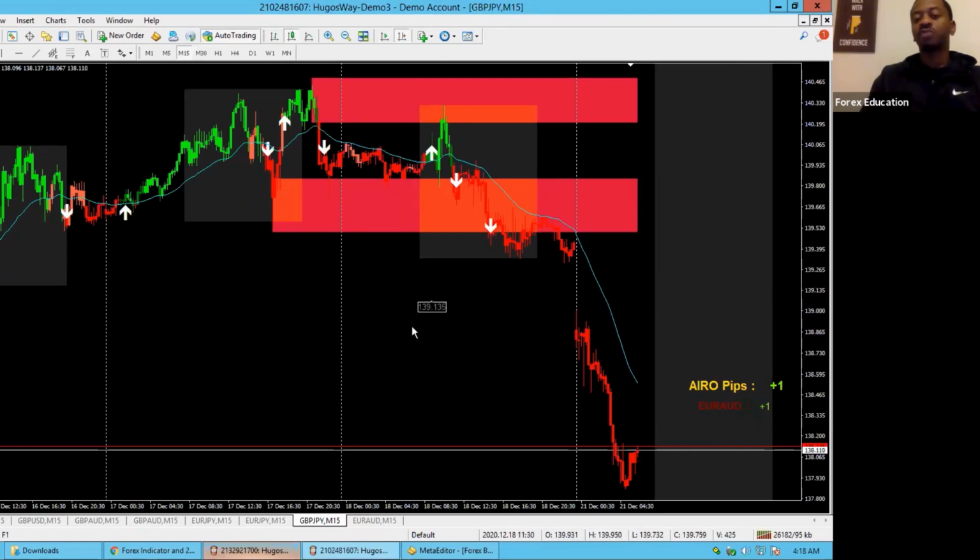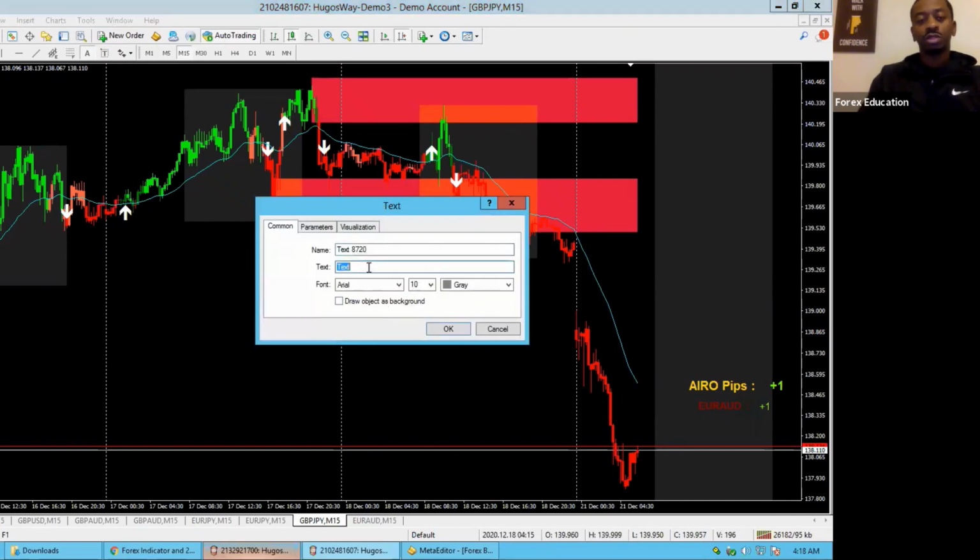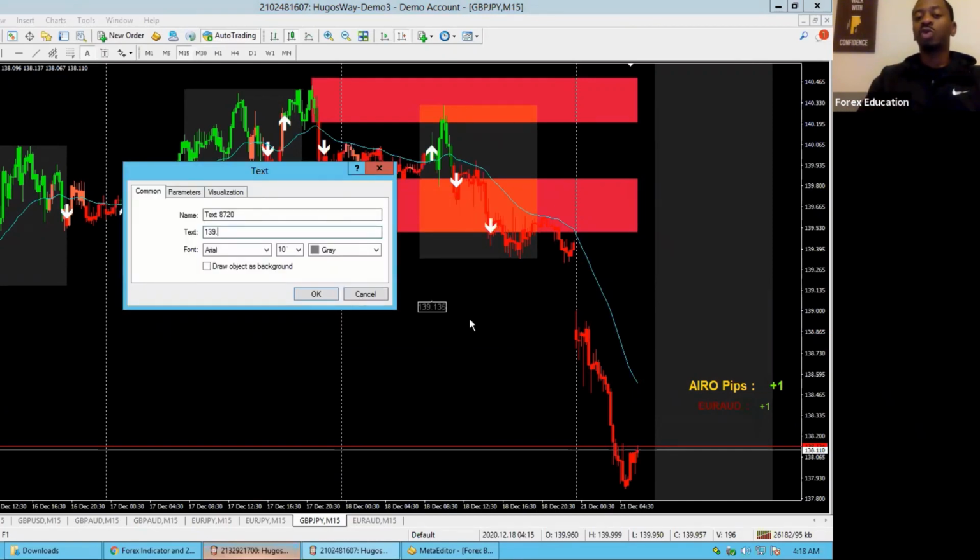If we want to count pips from here, remember, there are 3 numbers after the decimal place, which means the second number after the decimal place is our pip. So if our entry is 139.135, that means the 3 is our pip.